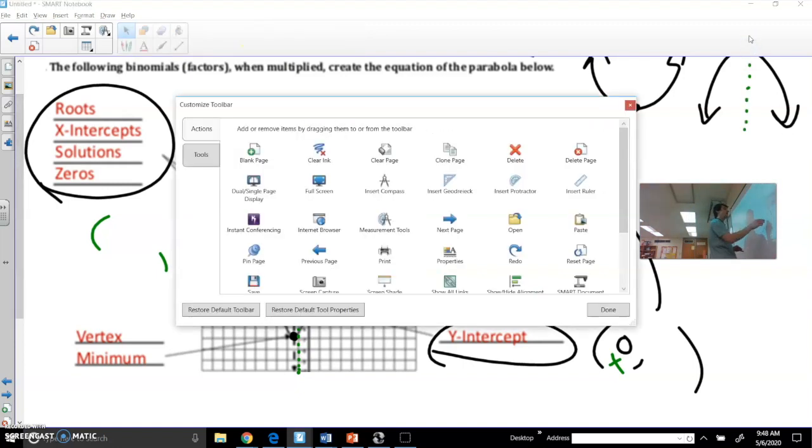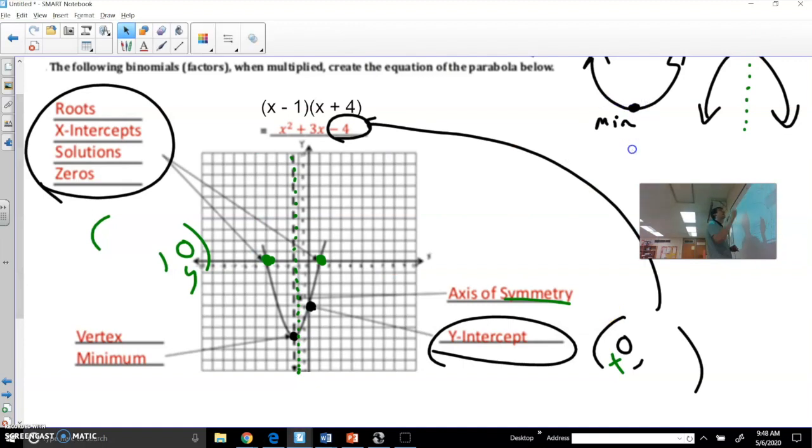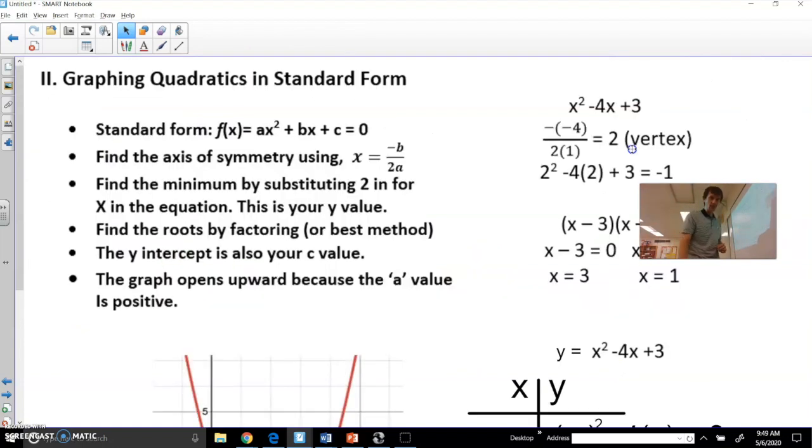And so there's this invisible line that would cut right through that vertex point, and that's called the axis of symmetry. And so we're going to learn a little formula for the axis of symmetry, -b/2a, and that will help you find where that center vertex value is and where that axis of symmetry lies. And so let's talk a little bit more about that.